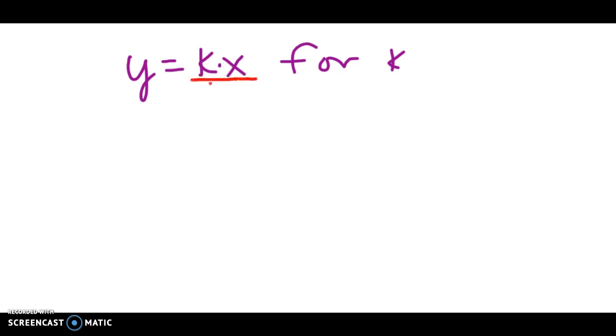So we're going to divide both sides by x, and k is equal to the ratio y divided by x. So in direct variation, the ratio y to x is equal to the constant of variation. Another way to identify direct variation is to check whether y over x is the same for every ordered pair. So let's look at example 2.